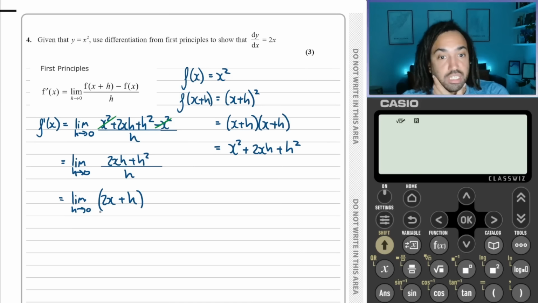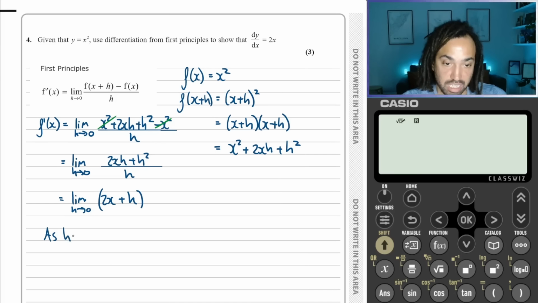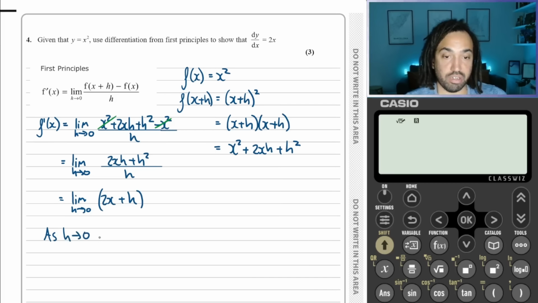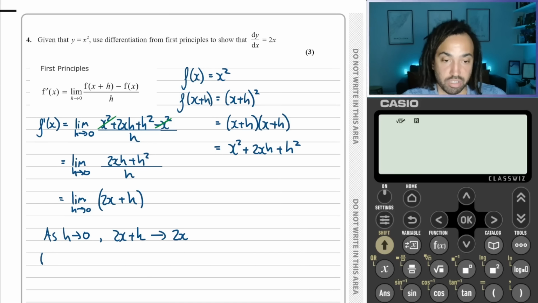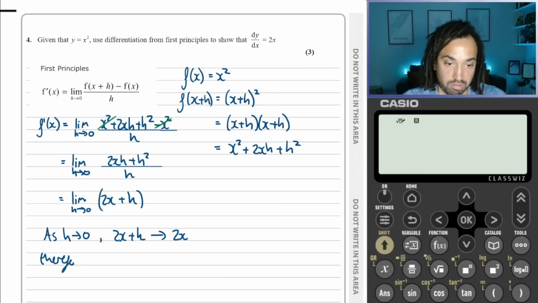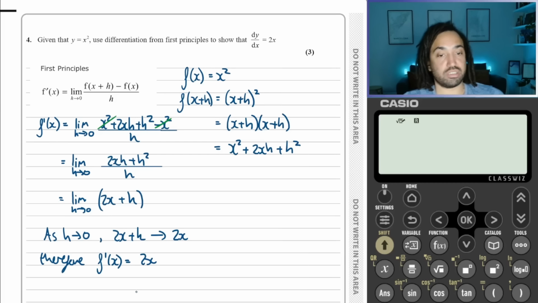Okay, great. Now we're going to say that as h tends to 0, 2x plus h is going to tend to 2x. So therefore, f dash of x is equal to 2x.